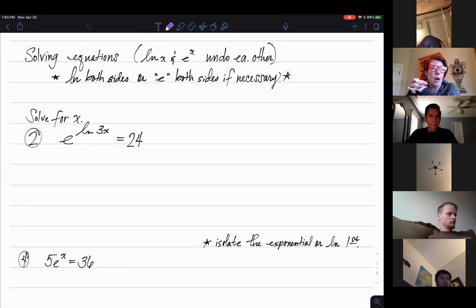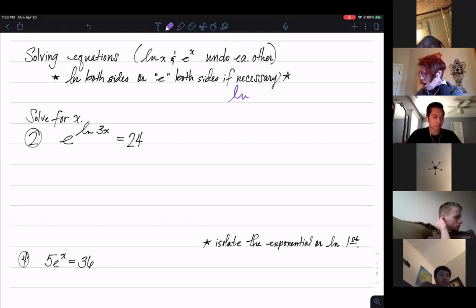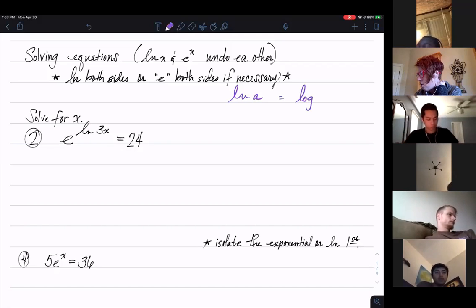A couple of things to keep in mind from Math 110. The natural log and an e raised to a power are always going to undo each other. The reason for that is that the natural log of a is the same thing as log base e of a. So it's just a special way to write a normal log.